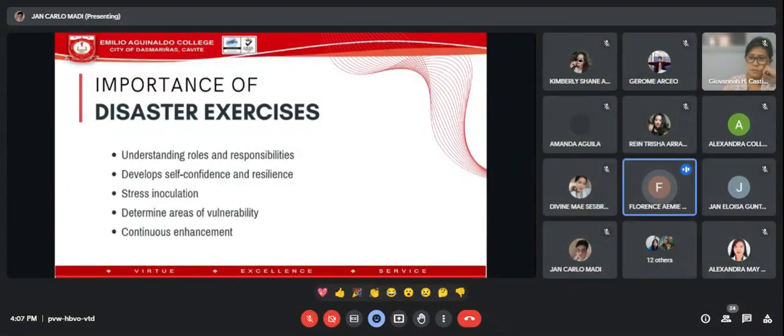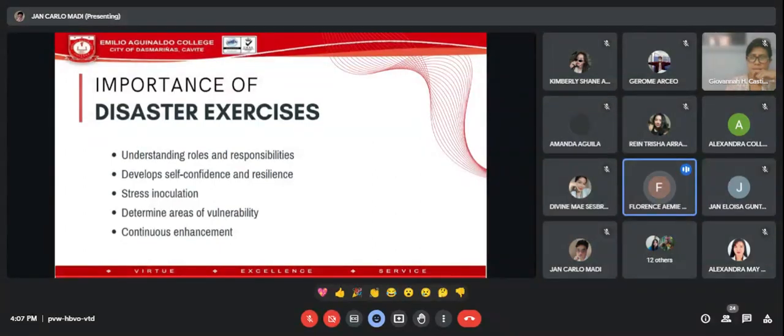It allows each member to determine their specific roles and responsibility in emergency situation. So mas na-understand nila kung paano sila nakaka-contribute doon sa larger response framework.